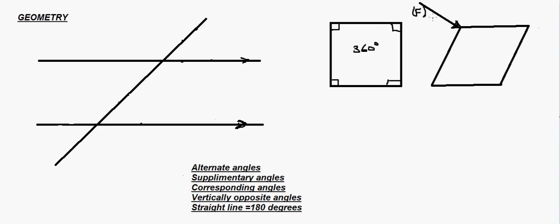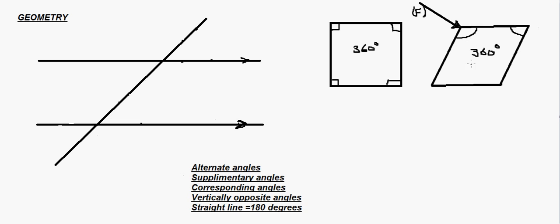Now, if I was to put some sort of force on this corner, okay, the shape will distort. Okay, and we'll get this diamond shape. Now, you cannot lose angles. The inside of this is still 360 degrees, but what's happened is this has got smaller and this has got larger to compensate.